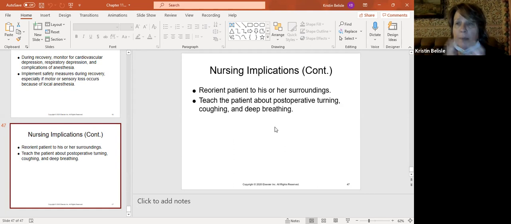If it is a paralytic that's going to take down the respiratory muscles and paralyze those, then the patient must be intubated. And one of the things that we are watching continuously is our ABCs and vital signs, because those are the things that are going to tell us if something's going really wrong really fast. So that will sum this up.